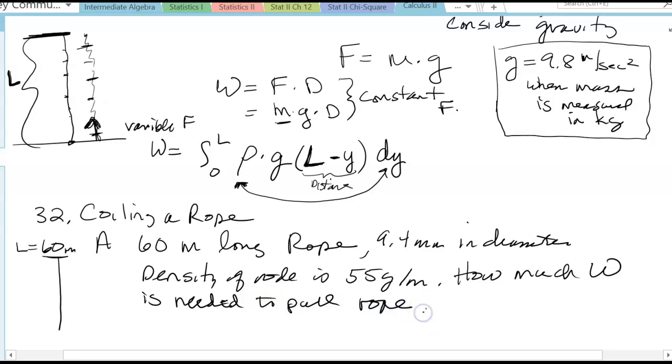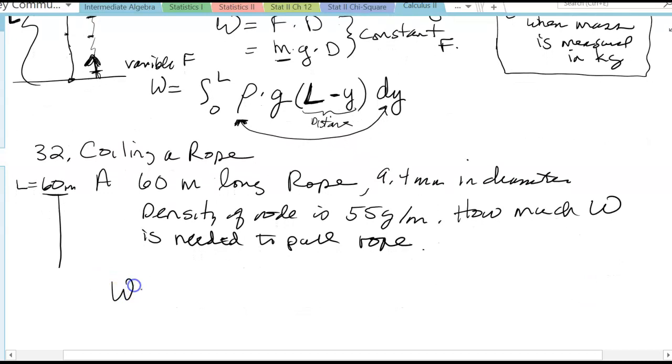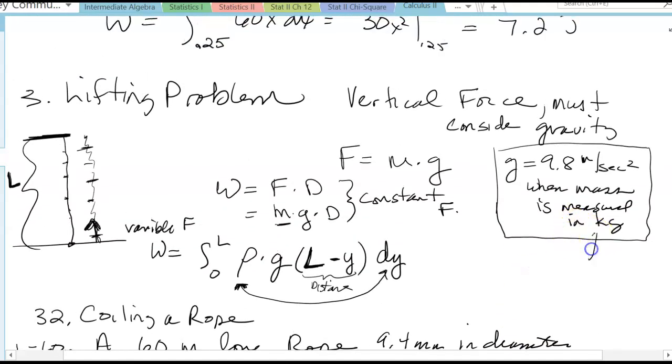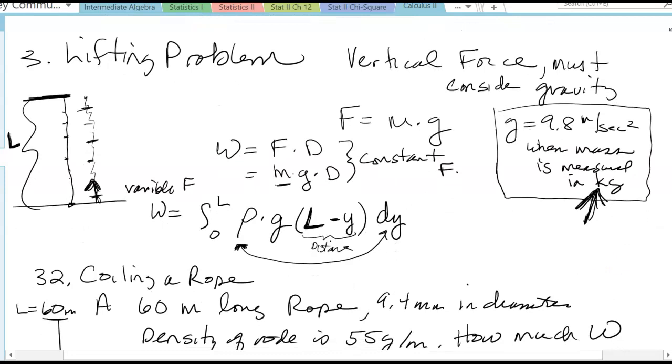Well, let's just go into our formula and see what we have here. All right, we know we got 0 to 60. That part was easy. So we need this density. Right now, it is in grams. If you recall, we need to convert it to kilograms. It needs to be in kilograms because the gravity, the 9.8 meters per second, is for when a mass is in kilograms.